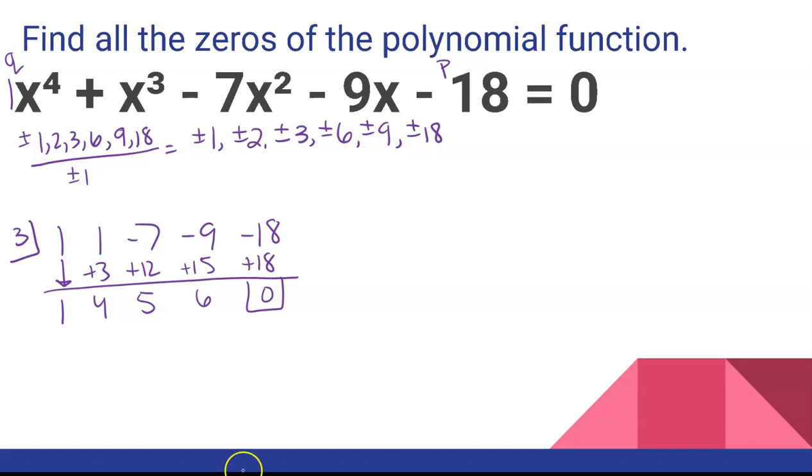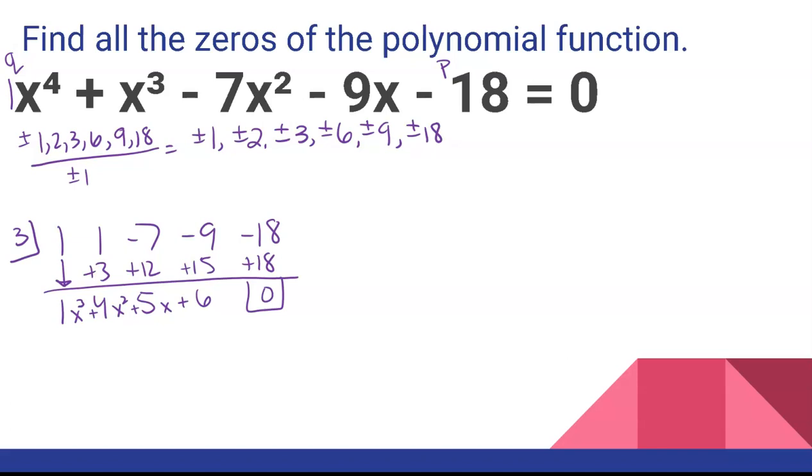So now we have x to the power of 3 plus 4x squared plus 5x plus 6. Usually when we factor, it's powers of 2, not powers of 3. So this is what you might think is bad news, but we can do synthetic division again.